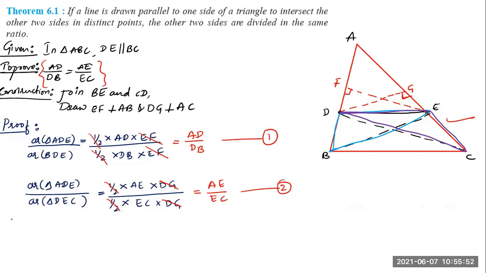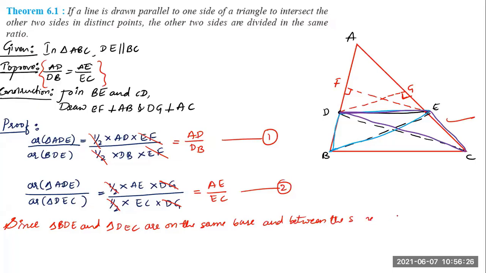So you can write this sentence here: since triangle BDE and triangle DEC are on the same base and between the same parallel, therefore, what you can write?